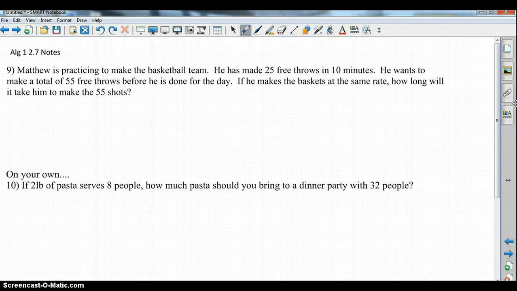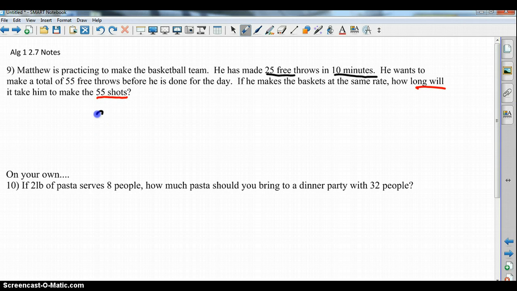So, the first thing we have to do is think about what it is telling us. He made 25 free throws in 10 minutes. And now we're trying to find how long it will take him to make 55 shots. So we are going to make a proportion.